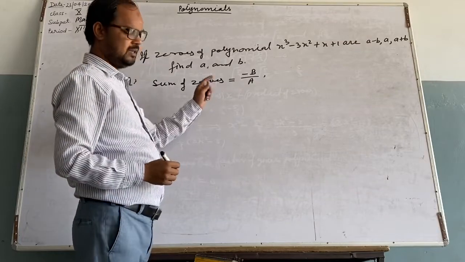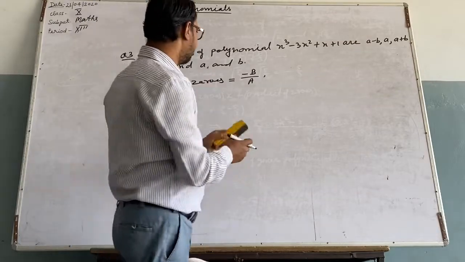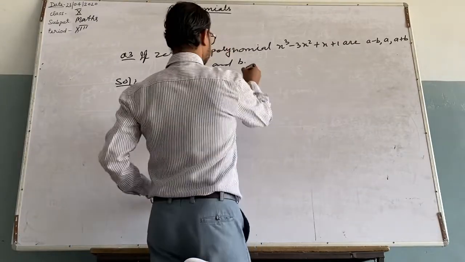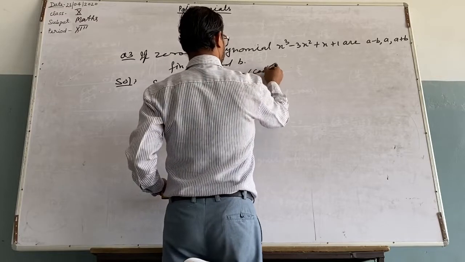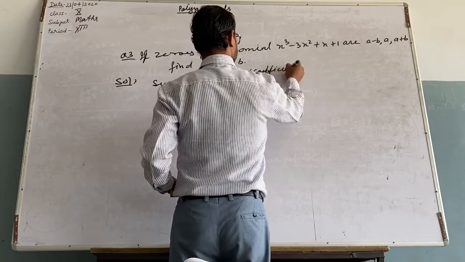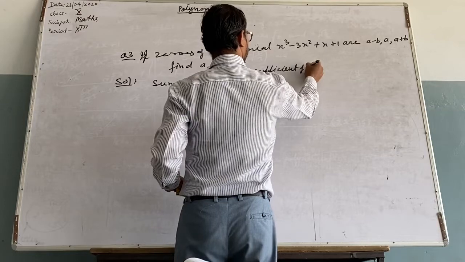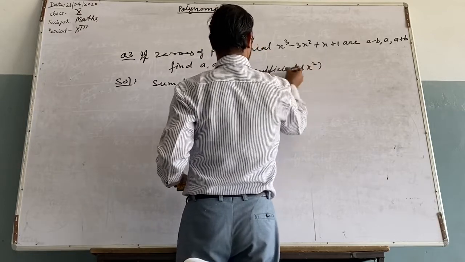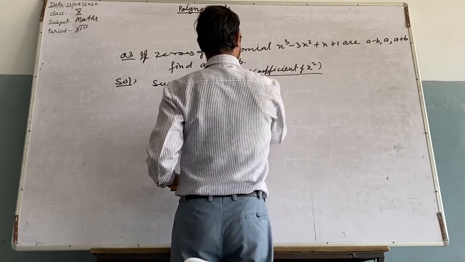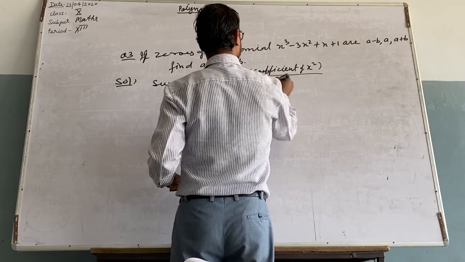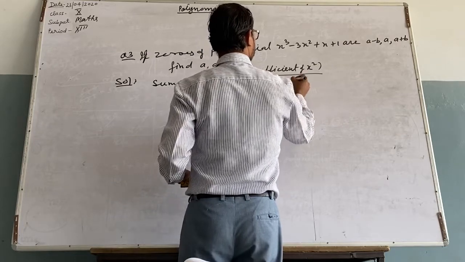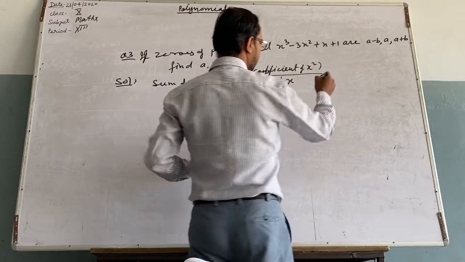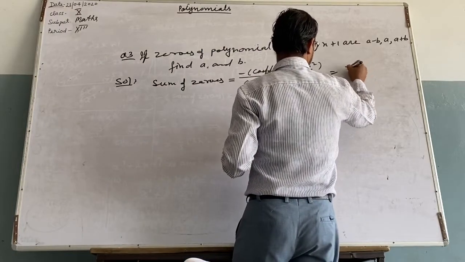Minus b upon a, or in other words we can say minus coefficient of x square upon coefficient of x cube, right? So this can be written as minus b upon a.